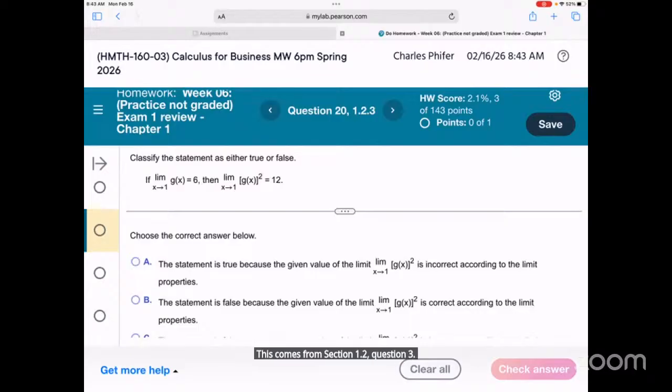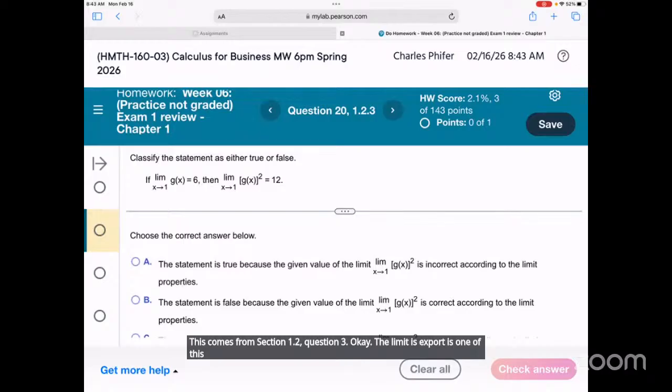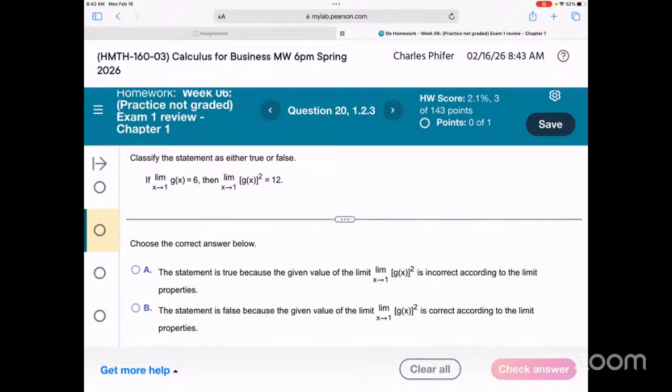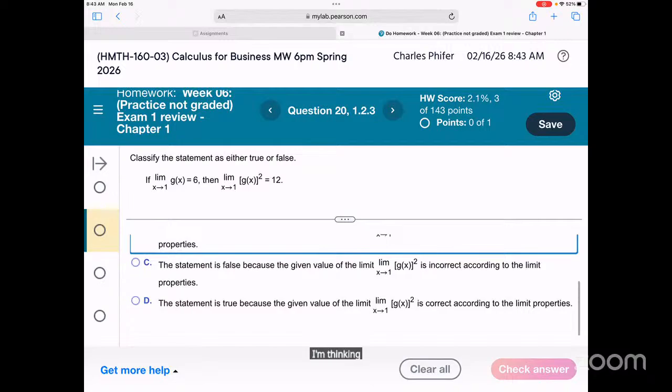The limit as x approaches 1 of this. Is there a graph or something? No. I'm thinking it's D. Yeah, let's just go D.